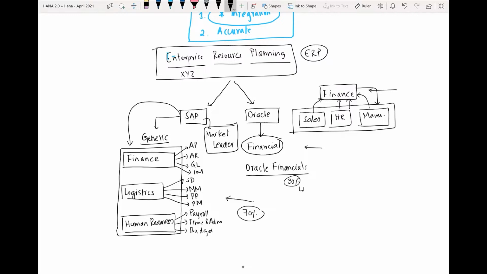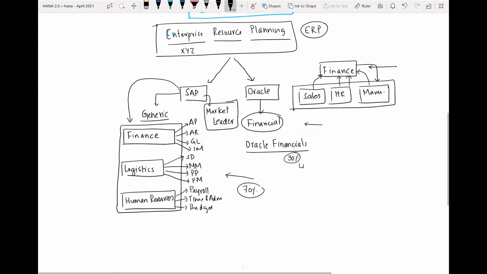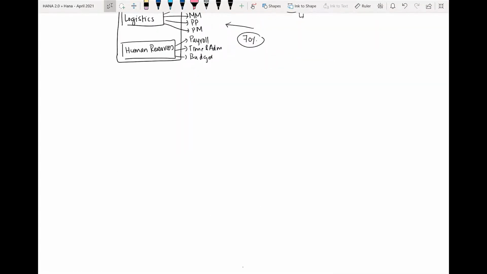So with this information being available, now let's look at the product evolution of SAP. SAP as a company was started in 1972 by 5 ex-IBM employees. They started this company called SAP, and what was the first product they brought into the market?